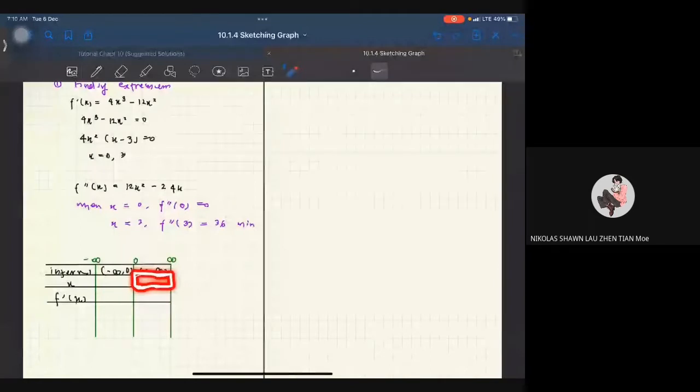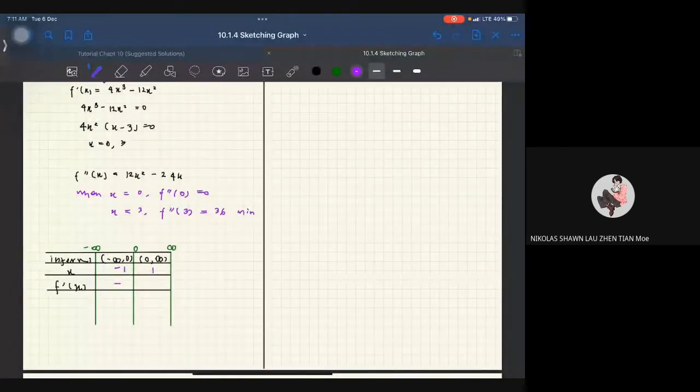Kena ingat benda ni. Okay, so test value for the second one saya akan ambil 1. Saya akan ambil betul-betul dekat tepi kosong. Okay, and then for the first one I will take negative 1. Like this. Okay, so bila kita masukkan nilai ini ke dalam first derivative kita, so saya akan dapat the first value is negative.